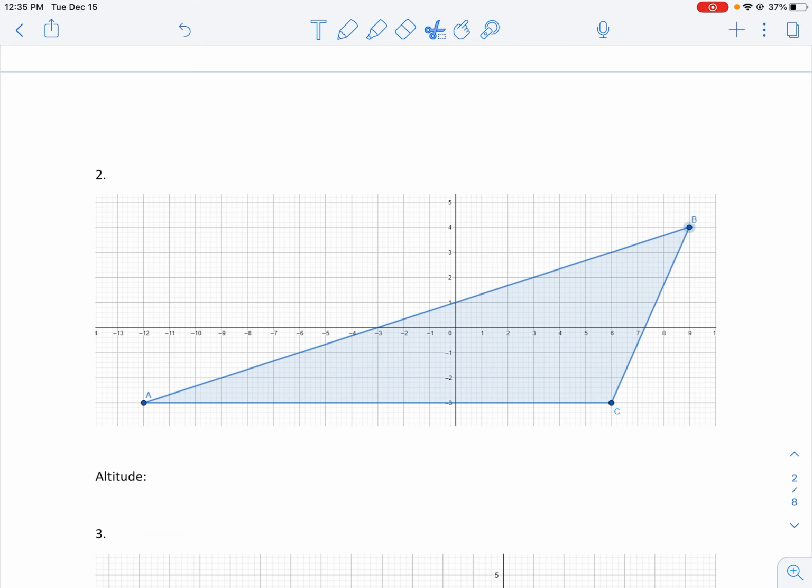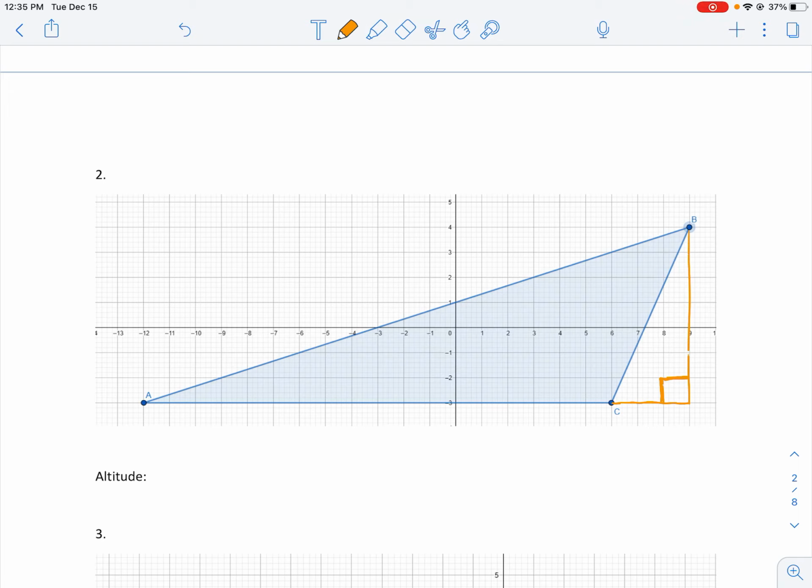Well, I would utilize the altitude next to this line segment BC. So I'm going to extend this line out, this AC. So there's our extended line. And now we have a perpendicular line with AC.